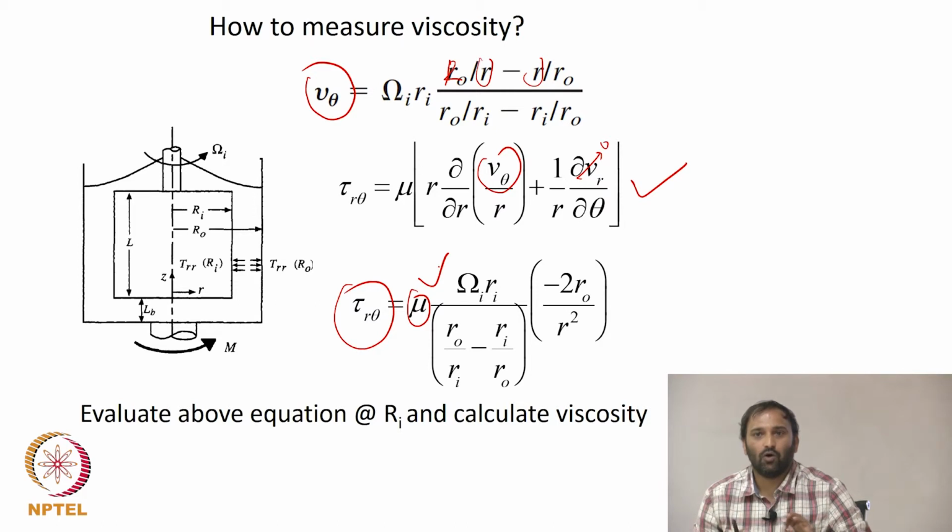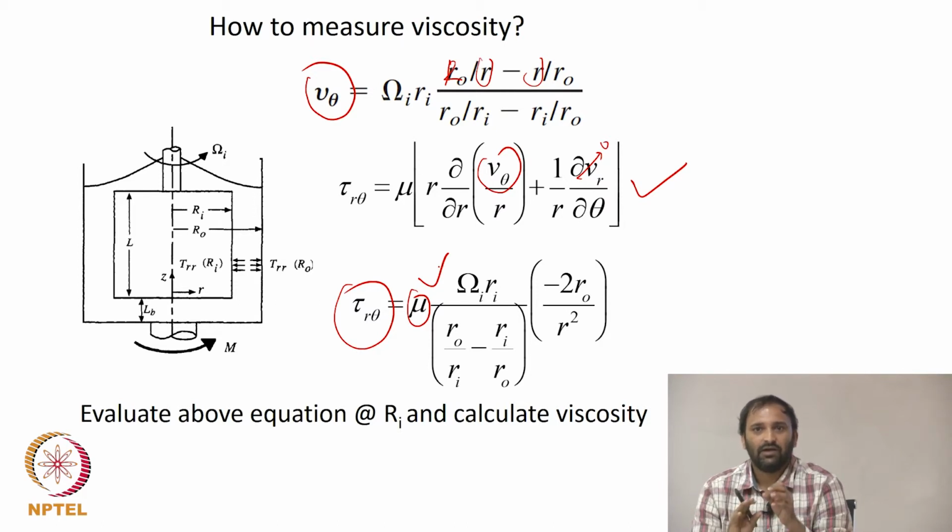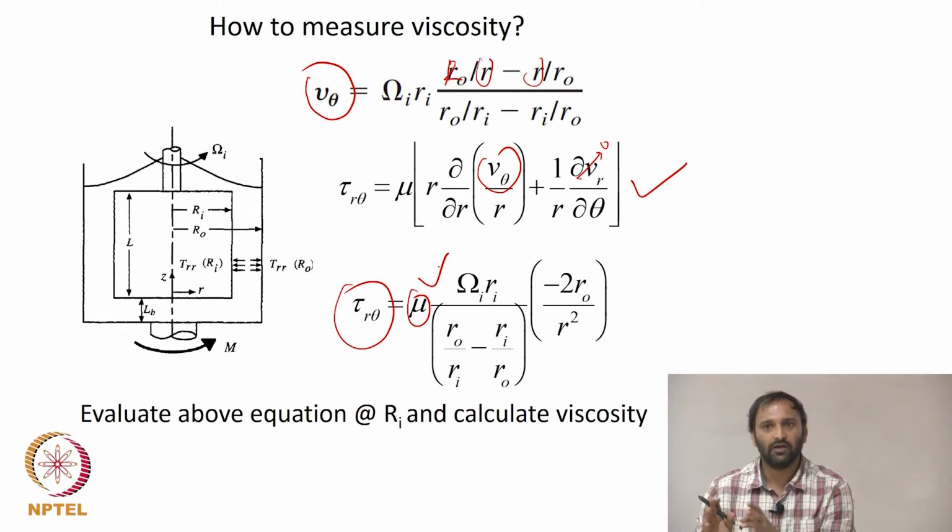So all that is done in these devices is some way of correlating the torque that the instrument measures into the shear stresses, and if I know the shear stresses, I can back calculate what my viscosity is.